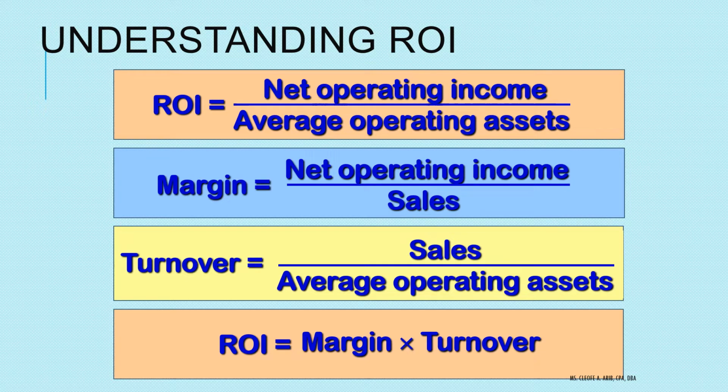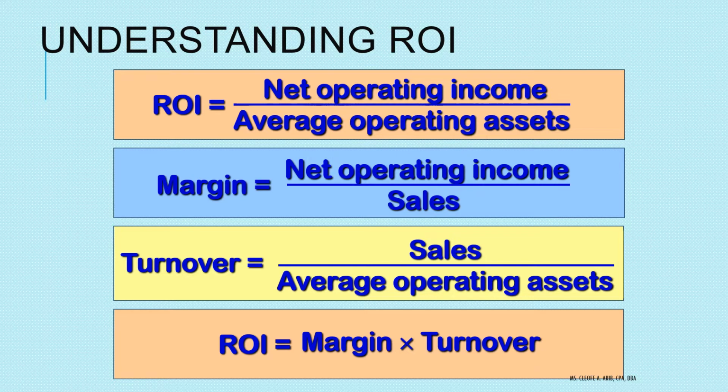Turnover is telling us how many times your invested assets in that particular segment generated sales. When you multiply margin with your turnover, we come up with your return on investment.